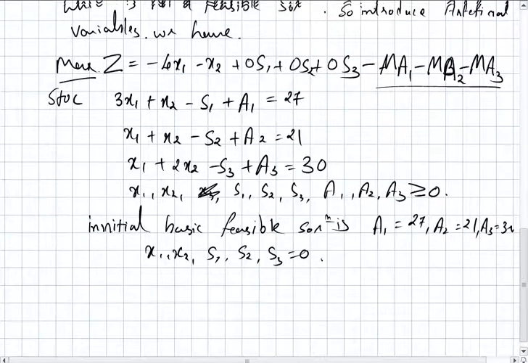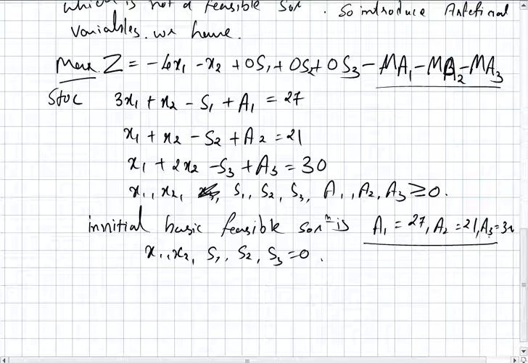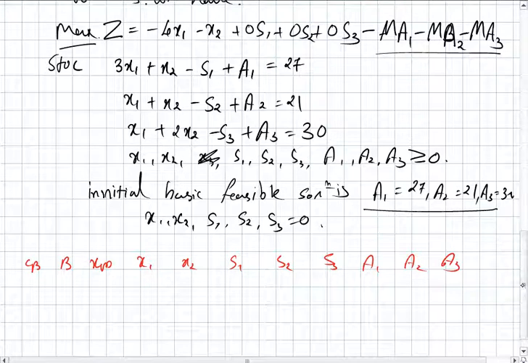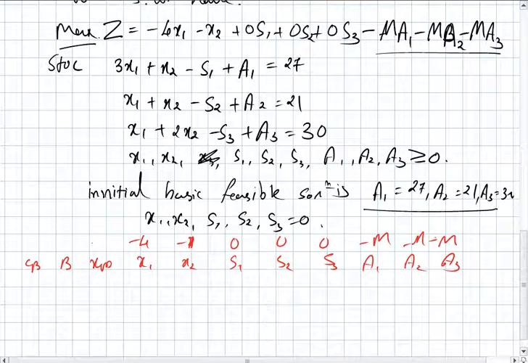So in the basis right now we have a1, a2 and a3, so we will write the corresponding simplex table using that. The simplex table has columns CB, B, XB, x1, x2, s1, s2, s3, a1, a2 and a3. The coefficients are -4, -2, 0, 0, 0, -M, -M and -M.